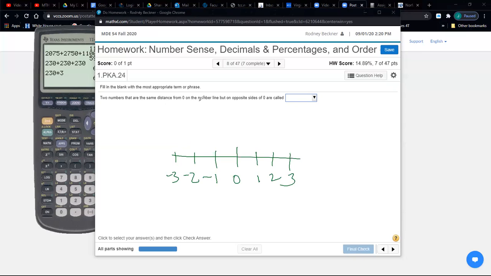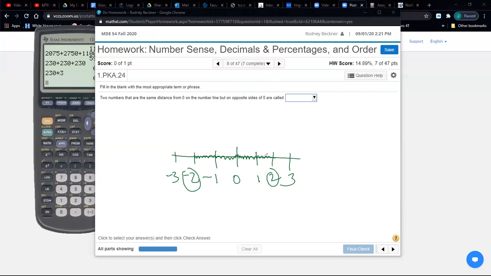Two numbers that are the same distance from 0 on the number line but are on opposite sides of 0. So for instance, this number 2, it's 2 because it's 2 units away from 0. And this number -2, it's -2 because it's also 2 units away from 0, but it's going left instead of right, so it's negative.